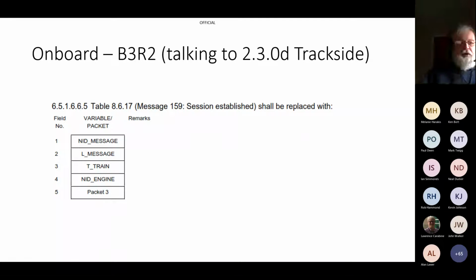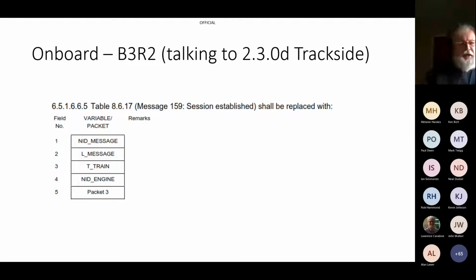So my baseline 3 release 2 onboard, when it is talking to a 230D trackside, which it will know from the system version that was sent by the trackside, modifies that message 159 to replace the packet 2 with a packet 3. And this is described in chapter 6 of subset 26 for the baseline 3 release 2 specs.